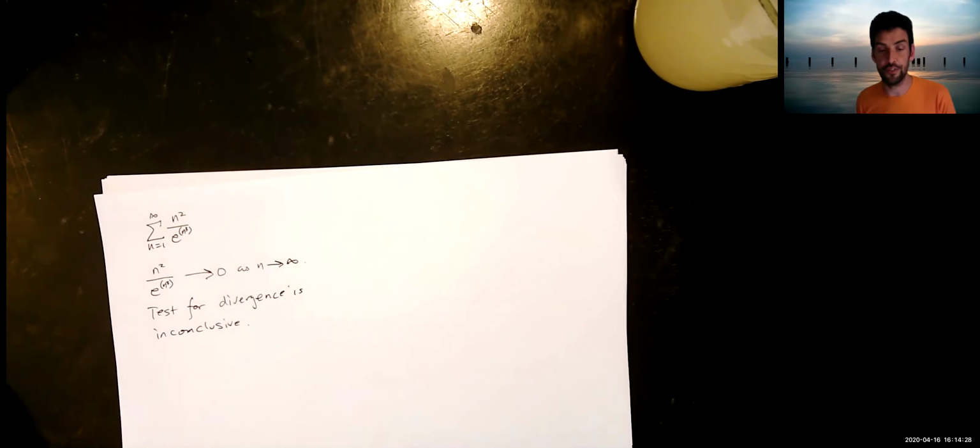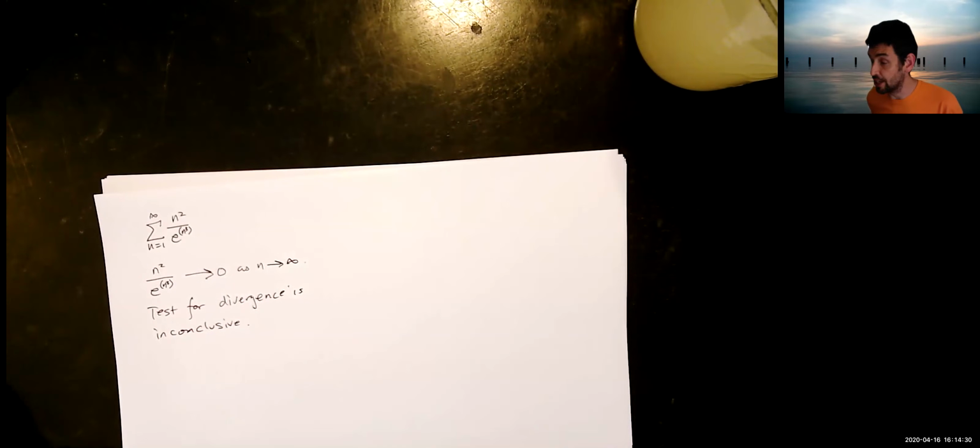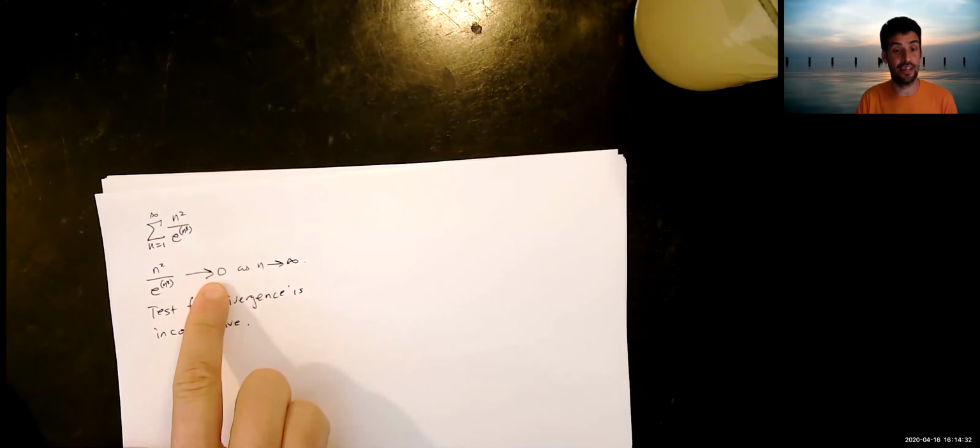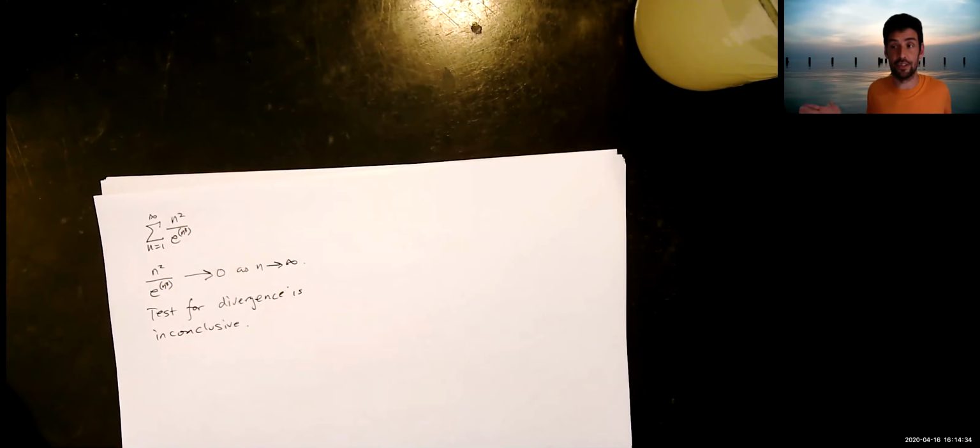Remember, the test for divergence can only tell us that something does diverge if this limit is not 0. When it is 0, it could still diverge, it could still converge. So we have to try something else, right? And this is going to be how these problems go sometimes. You try a test, that test is inconclusive, so you try another test, right? There are a few of these out there where this kind of thing can happen.